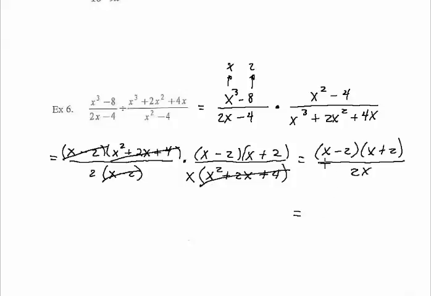But if you were doing a multiple choice and you didn't happen to see x minus 2 times x plus 2 in the numerator, then you should know to look for their product, x squared minus 4, over 2x. So either one of these could be written in a multiple choice problem.